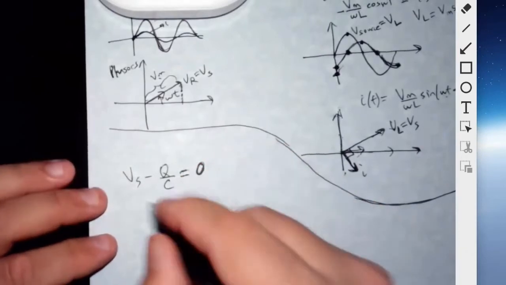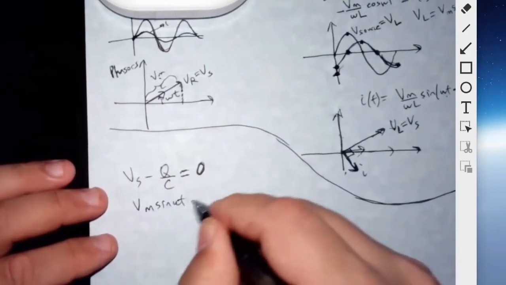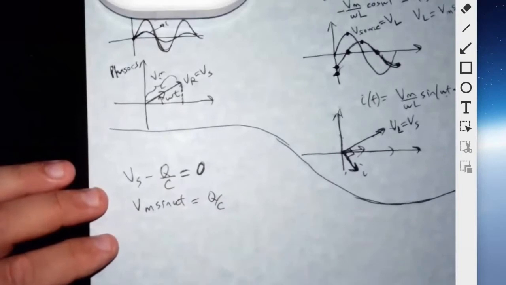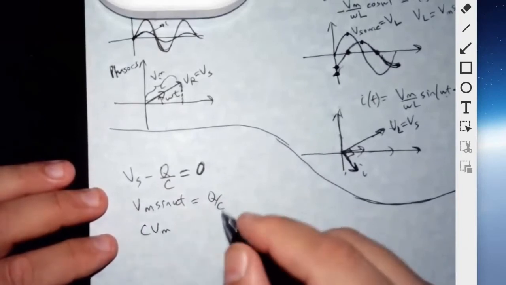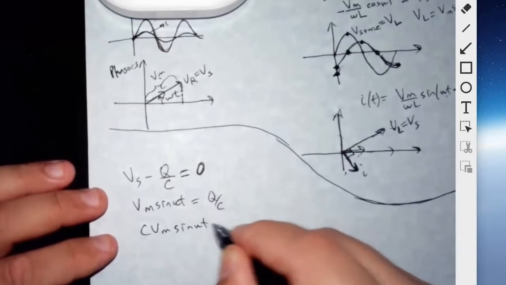And then you're going to say V source is Vm sine omega t is Q over C. And then C goes up to there. You have CVm sine omega t is Q.